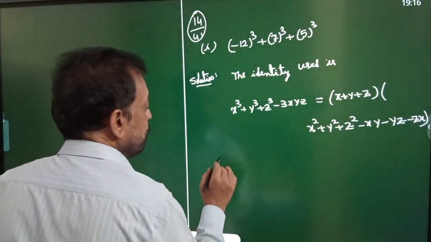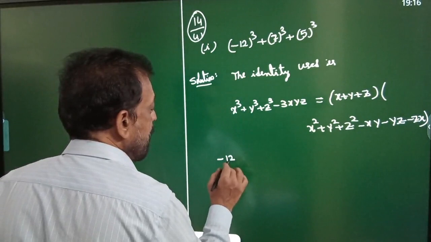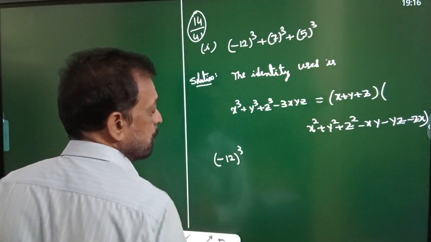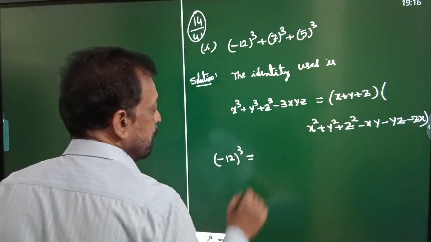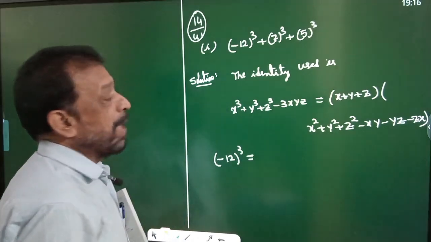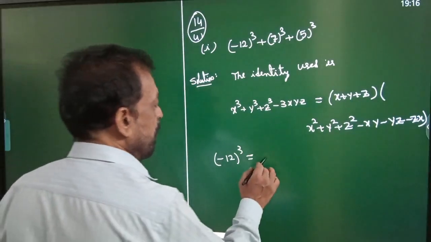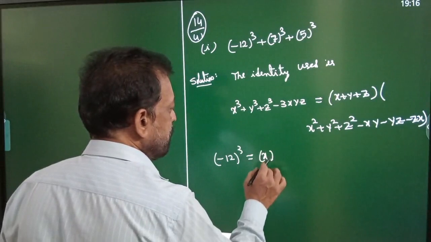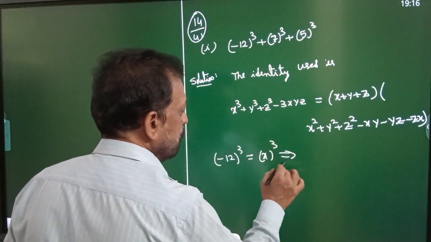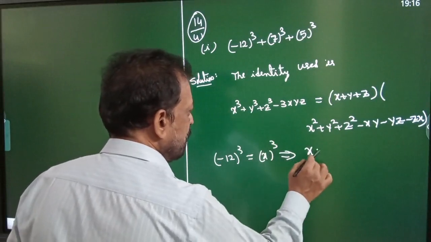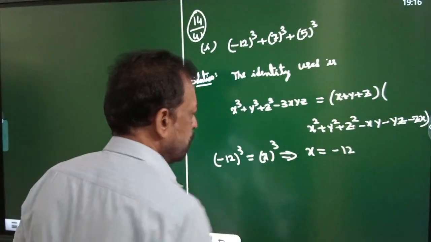In that, (minus 12) whole cube means that is nothing but x cube, so x is equal to minus 12. Am I correct or not?